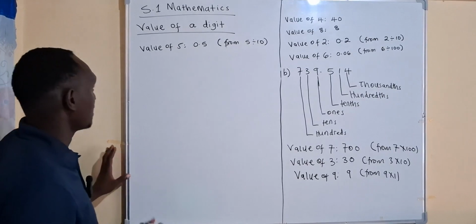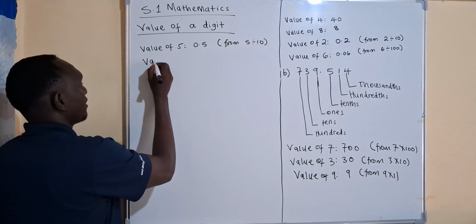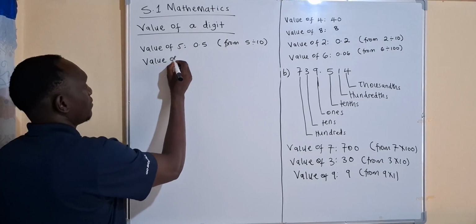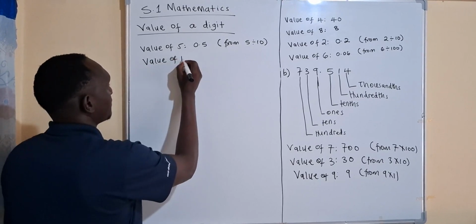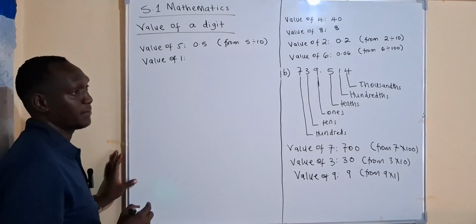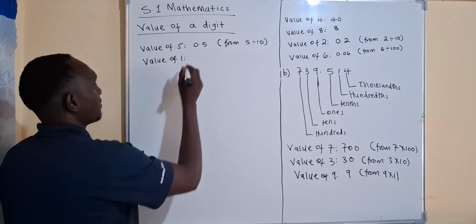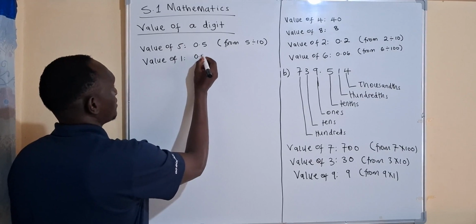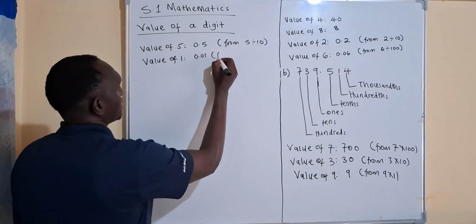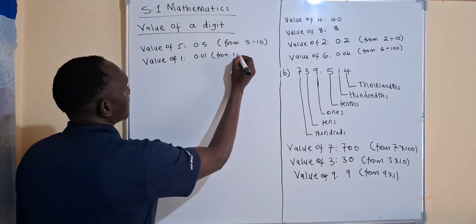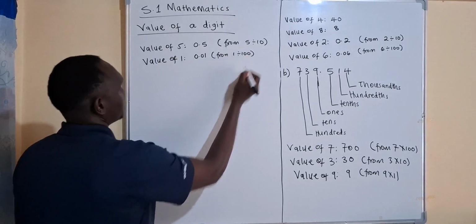The calculators can assist you. Then you go to the value of 1. That is the second number after the decimal point. So 1 divided by 100, you get 0.01. This is simply from 1 divided by 100.